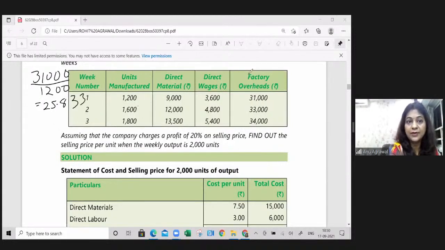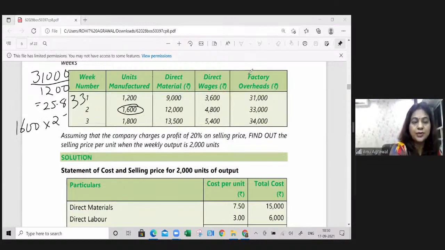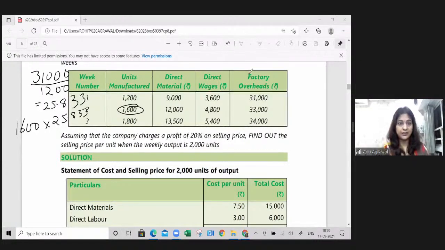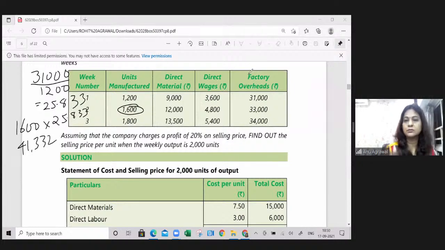If it is variable, then if I produce 1,600 units, it should be 25.833 into 1,600, which comes out to be 41,332. No, it's not. So no.